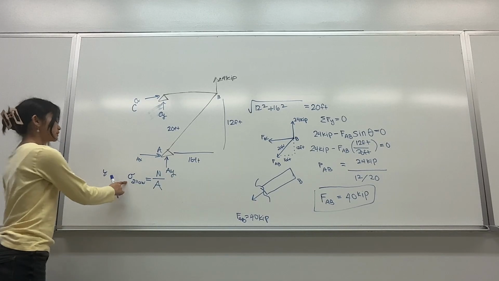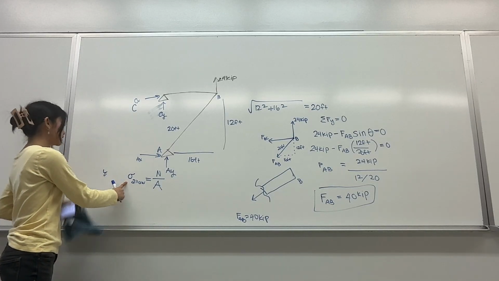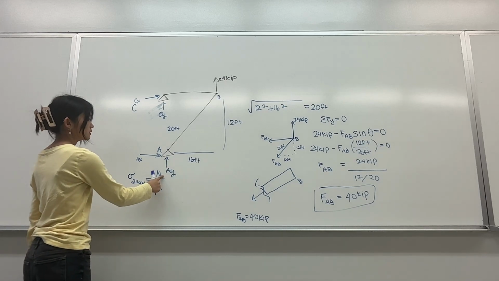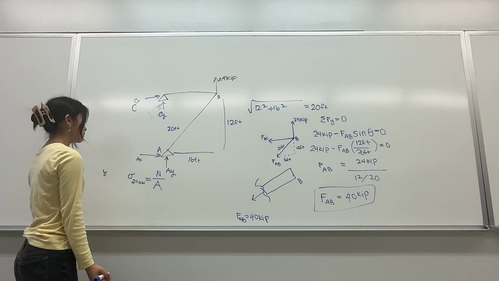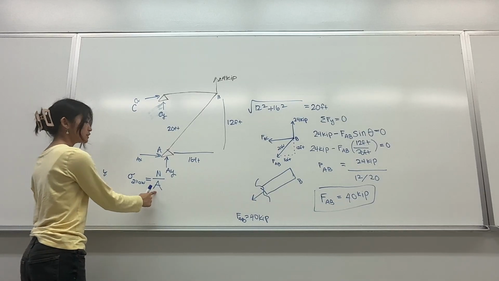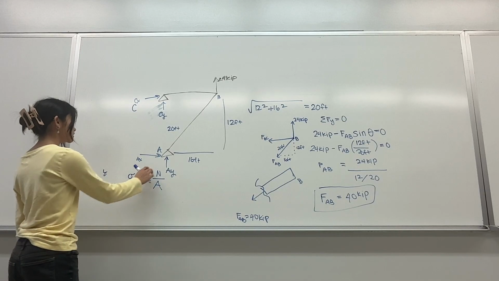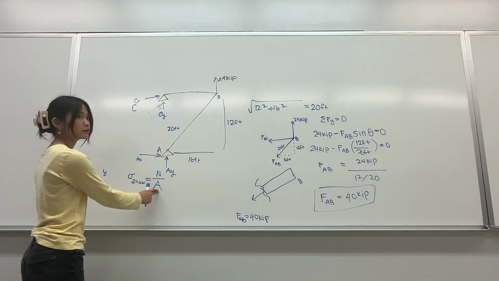We have our stress, which is 10 ksi, and we have our normal force, FAB, which is 40 kip. We don't have the diameter for the area, which is what we're looking for. So we're going to use these two to find our missing variable.